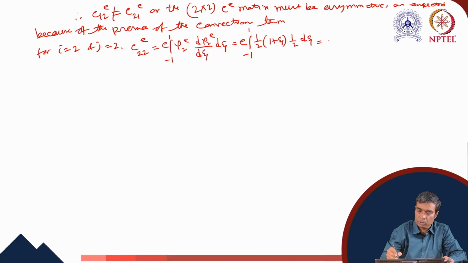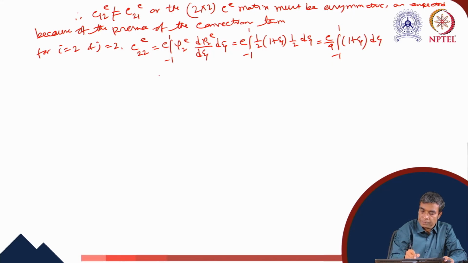So this equals C by 4 integration from minus 1 to 1 of (1 plus xi) d xi, equals C by 4 into xi plus xi square by 2, varying from minus 1 to 1.